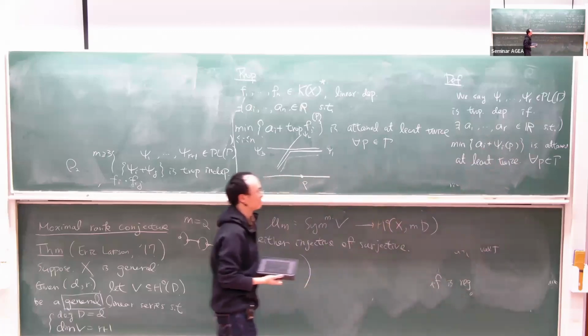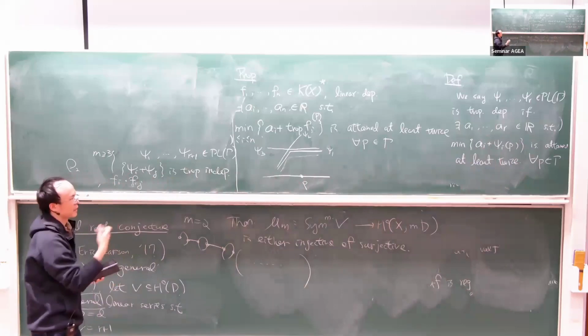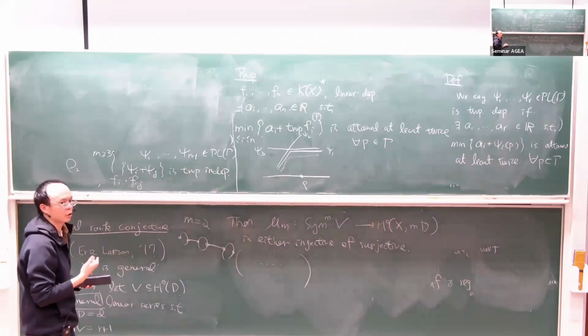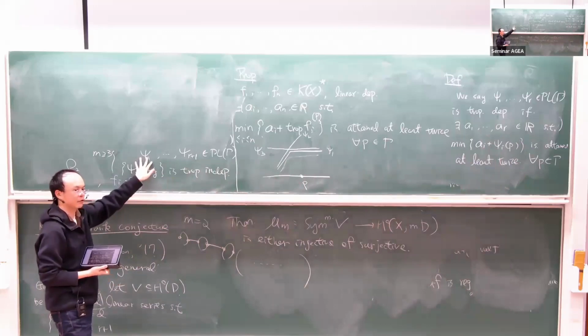But it's not easy. So they try to give an algorithm to check whether a given set of piecewise linear functions is tropically independent or not. But I think it's not so successful. They can only address some special cases.